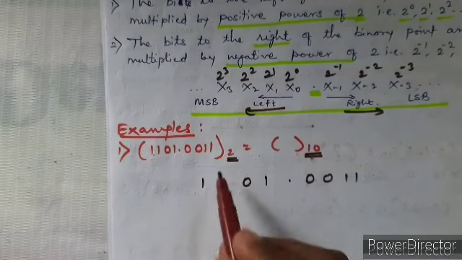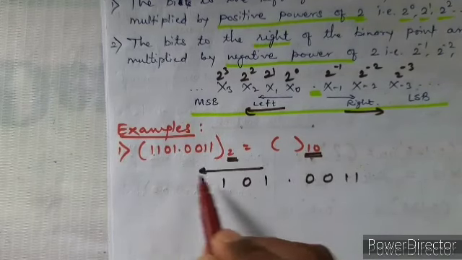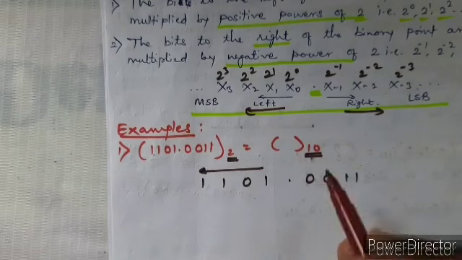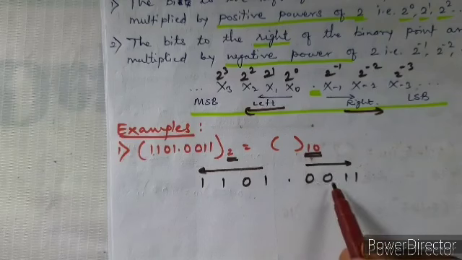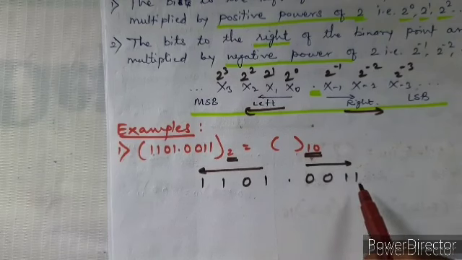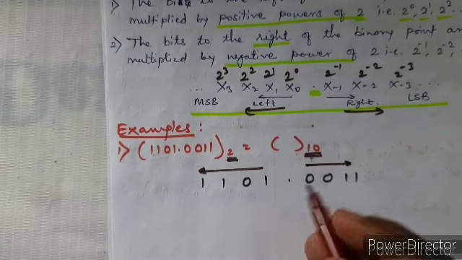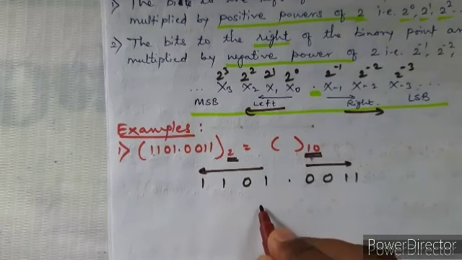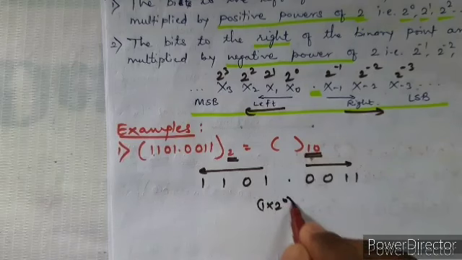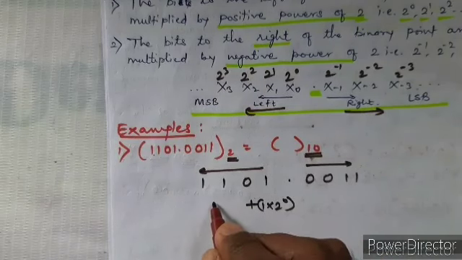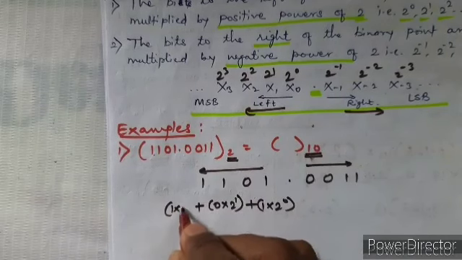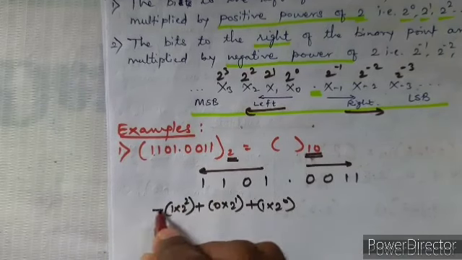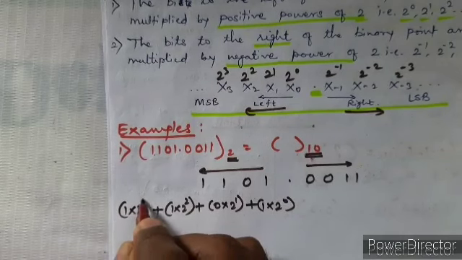Now as we have seen in the first step, when we move towards this side, it is multiplied with positive powers of 2, and when we move towards this side, these bits are multiplied with negative power of 2. So I can say here this is 1 into 2 raised to 0 plus 0 into 2 raised to 1 plus 1 into 2 raised to 2 plus 1 into 2 raised to 3.